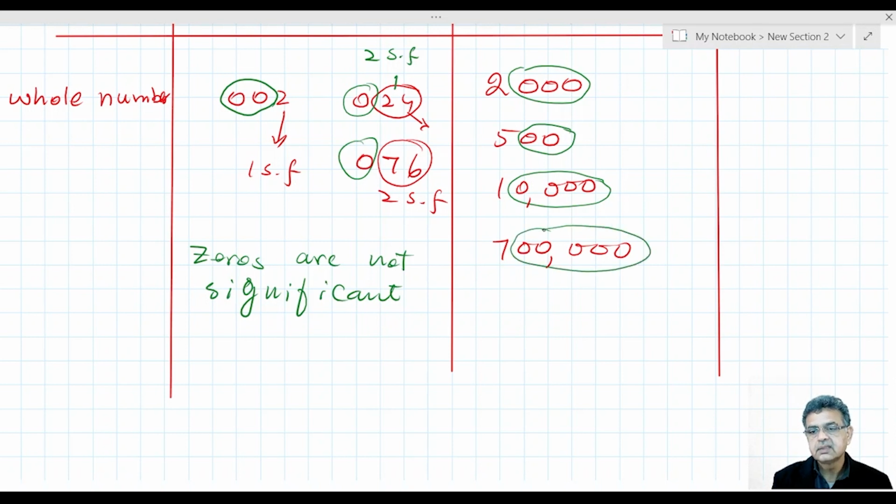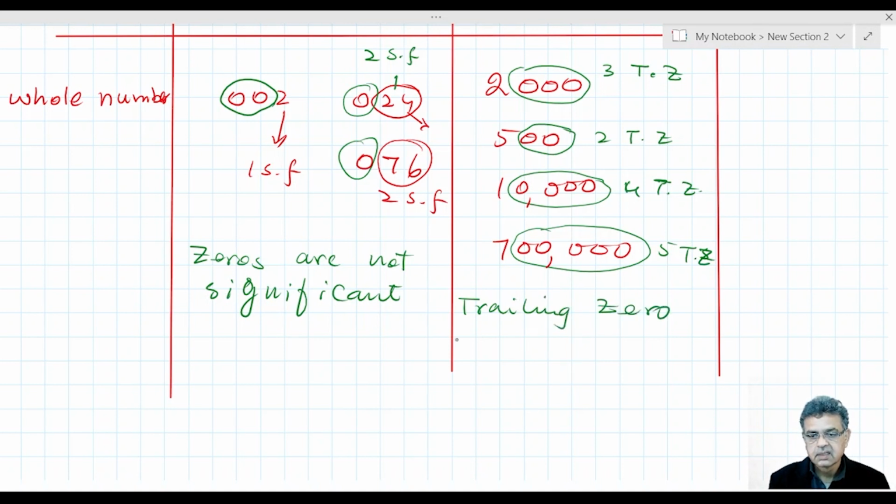There are 5 trailing zeros, 3 trailing zeros. I just write T and Z. These are 2 trailing zeros. Here are 4 trailing zeros, and these are 5 trailing zeros. So in case of whole numbers, trailing zeros are not significant. Trailing zeros are not significant.